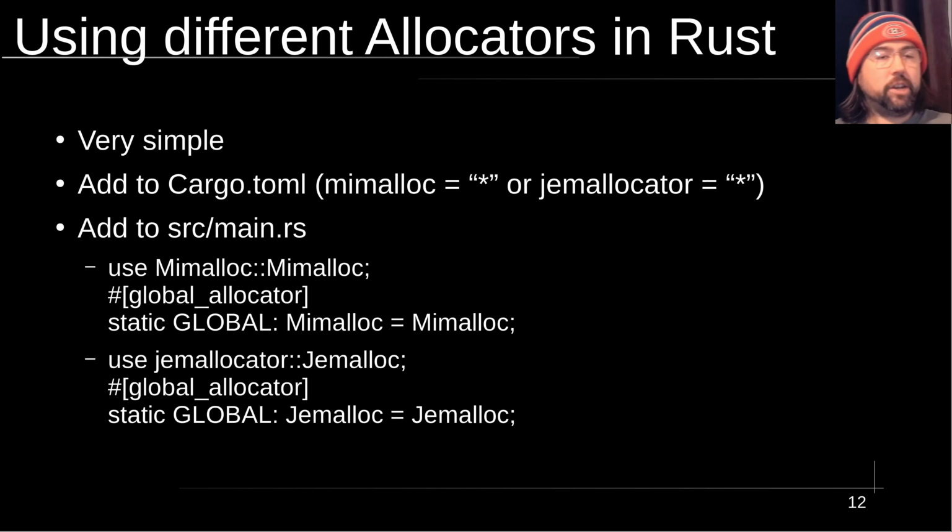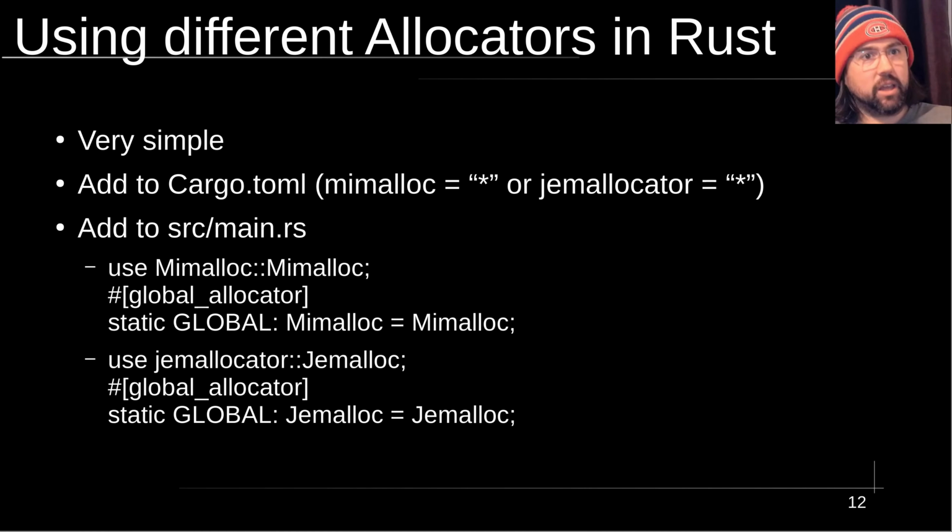And then inside of your main.rs, or whatever the main of your binary application is, you can do the following lines. You can use mimalloc::MiMalloc, and then do a hash global_allocator, and then say the static global of type MiMalloc is MiMalloc.